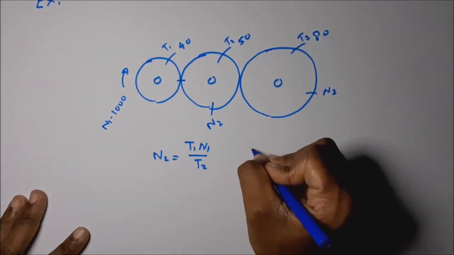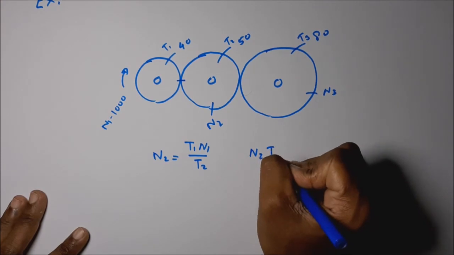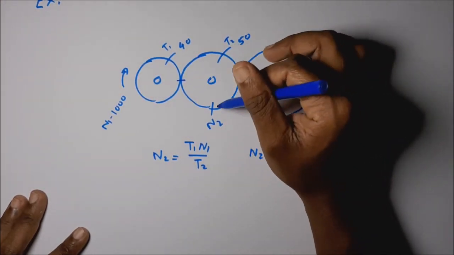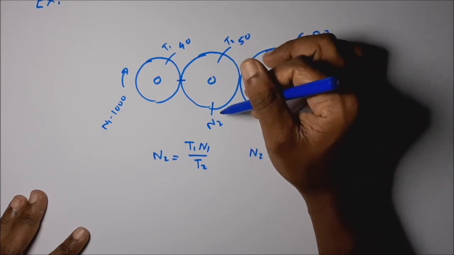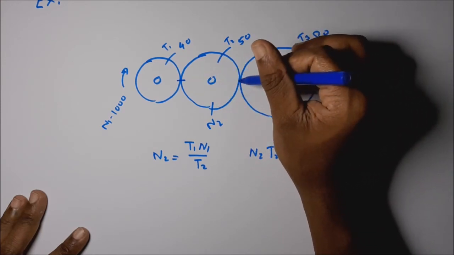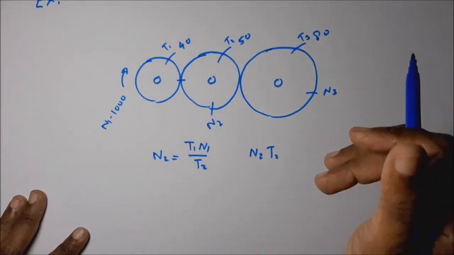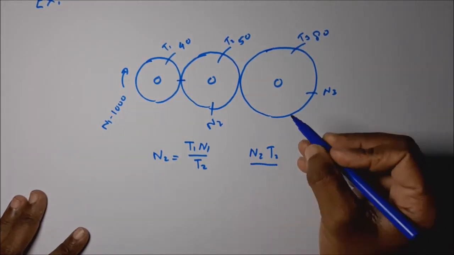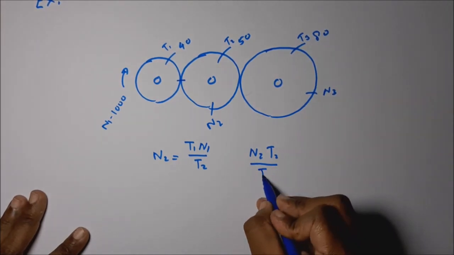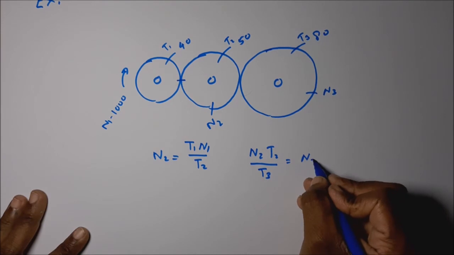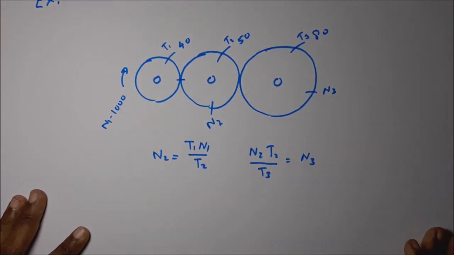That is equal to n2 into T2, because its circumference has T2 teeth and it produces n2 revolutions, so it is contacting n2 T2 teeth with the third gear wheel. If the third gear wheel has T3 teeth, what is the speed? N3. This is the relationship.